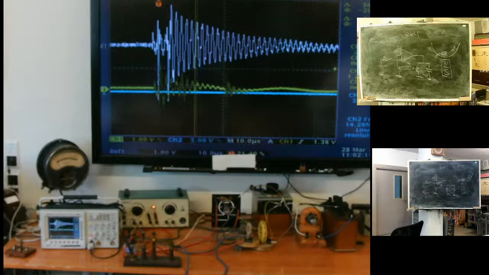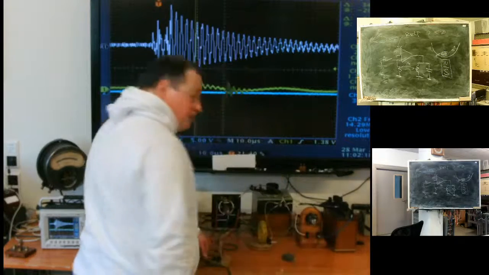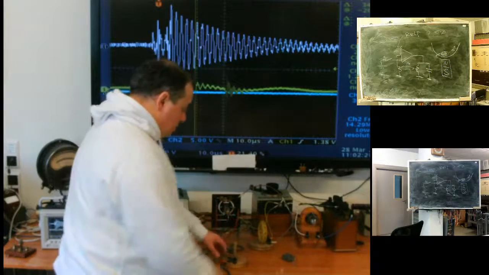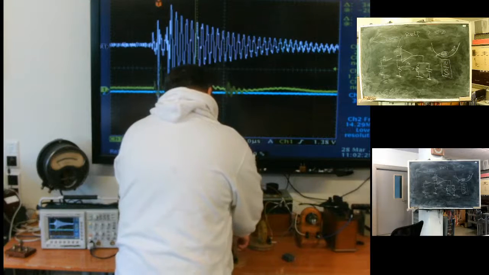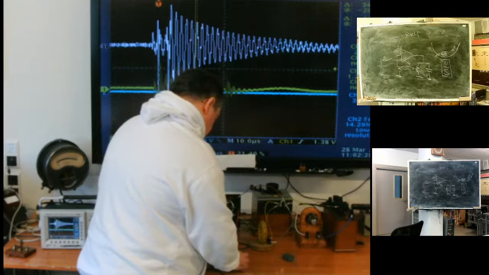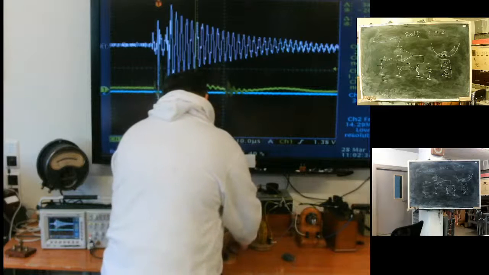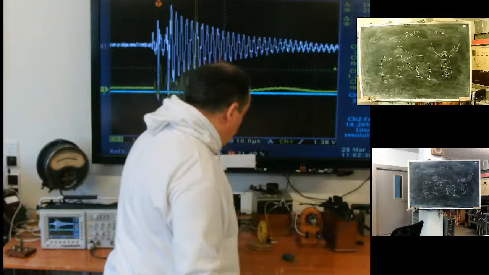And what about positive? One second. I'll switch the coil polarity. Now, coupling will be positive.